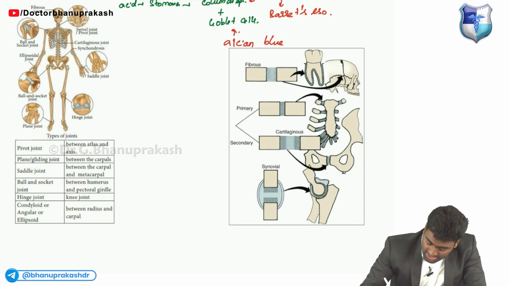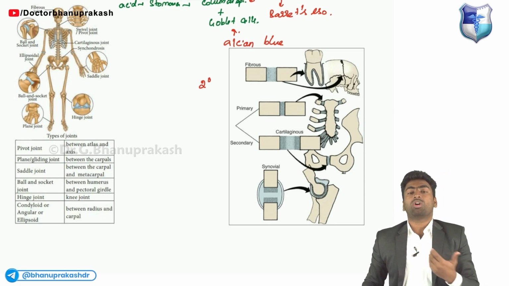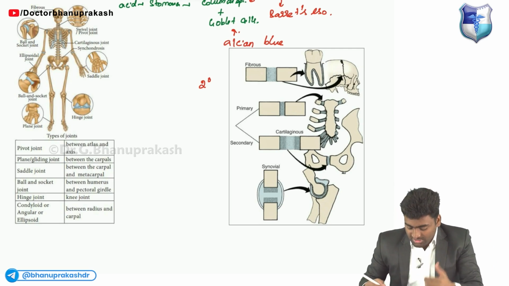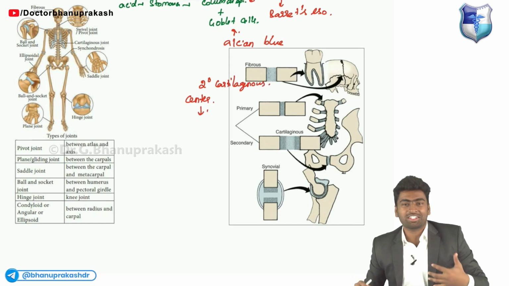Remember about the secondary: secondary for center. So whatever joints are in the center will have secondary cartilaginous joints. Secondary cartilaginous joints will be in the center. So what are the joints present in the center?